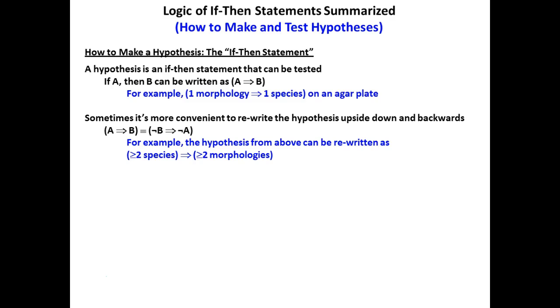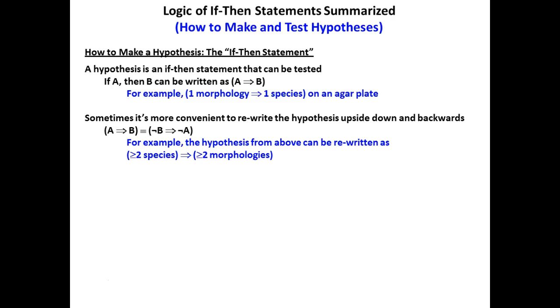If you have greater than one species, two or greater, you should have two or more morphologies. Sometimes that's true, but not always, as we saw. We had cases where they looked very similar, unless you really looked at them closely. You had two very similar morphologies and yet two different organisms.